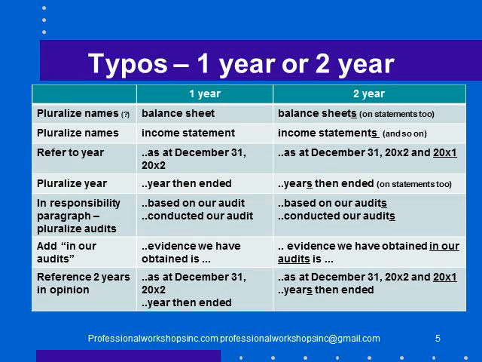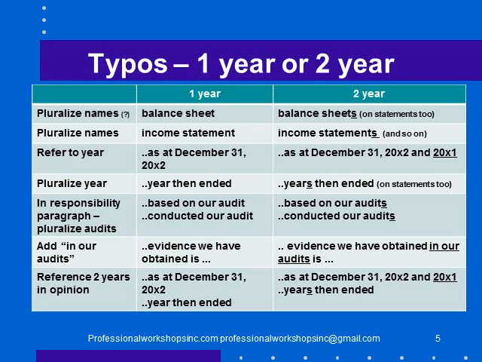The one thing that you have no choice in, and when I took a look at some published financial statements, adding the S in the responsibility paragraph, we say the work done based on our audit. We have to say based on our audits, plural, because we've had 2 audits this year and last year, and we conducted our audits, plural.